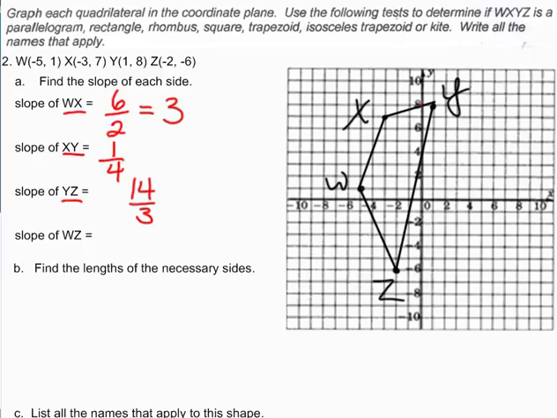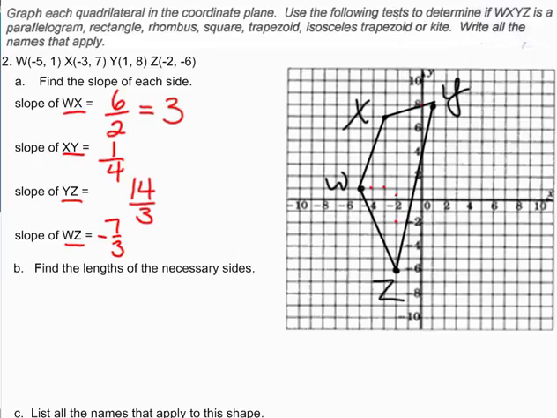And then WZ, this is going to be our only negative slope. Do you guys see that? All the other slopes are going positive. So rise, 1, 2, 3, 4, 5, 6, I lost count. 1, 2, 3, 4, 5, 6, 7, over negative 1, 2, 3. So negative 7 over 3.